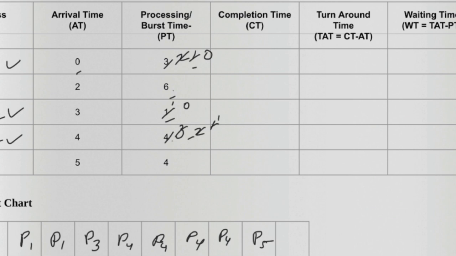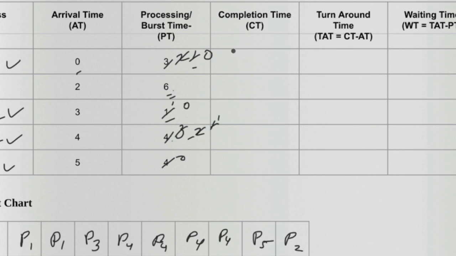I can just say 8 plus 4, which is 12. Okay. So P5 is done. And the only thing remaining is P2. So bring P2 in, and that's got 6 time units. So 12 plus 6 is 18. And that's sorted.